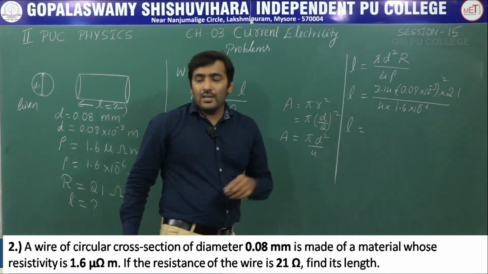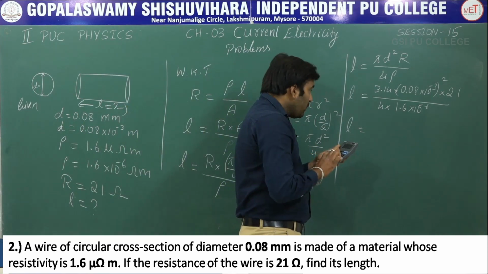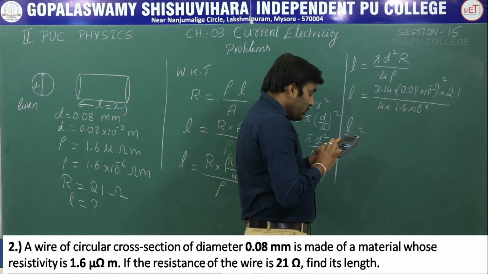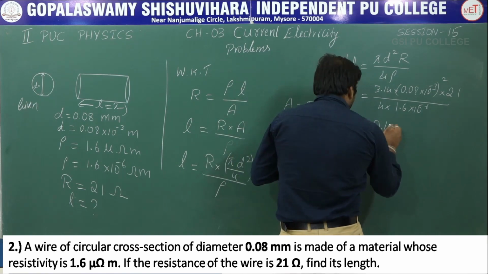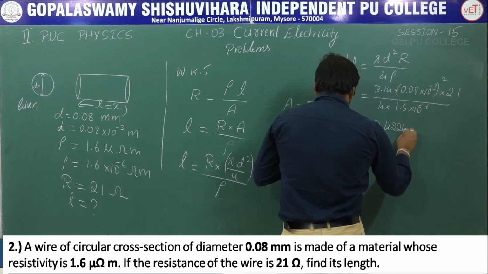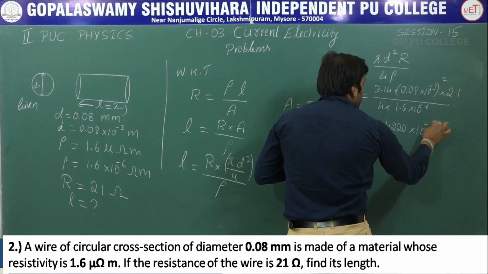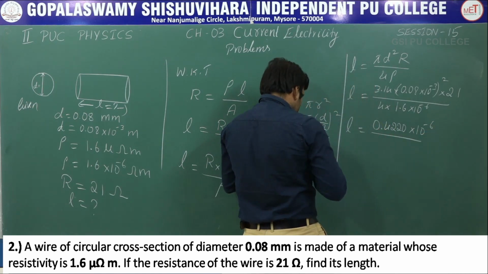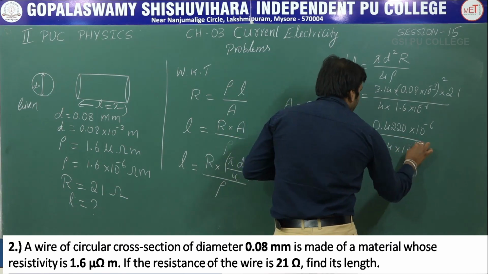Now let us do this calculation. 3.14 into 0.08 into 0.08 into 21. In the numerator we got 0.4220, this into 10 power minus 3 square, which is 10 power minus 6, divided by 4 into 1.6, which is 6.4 into 10 power minus 6.